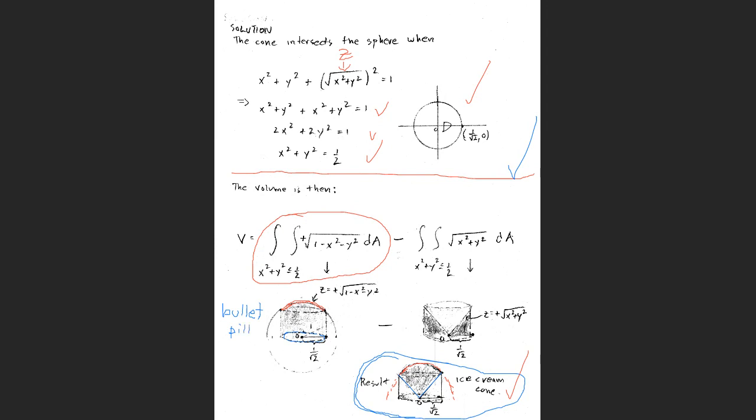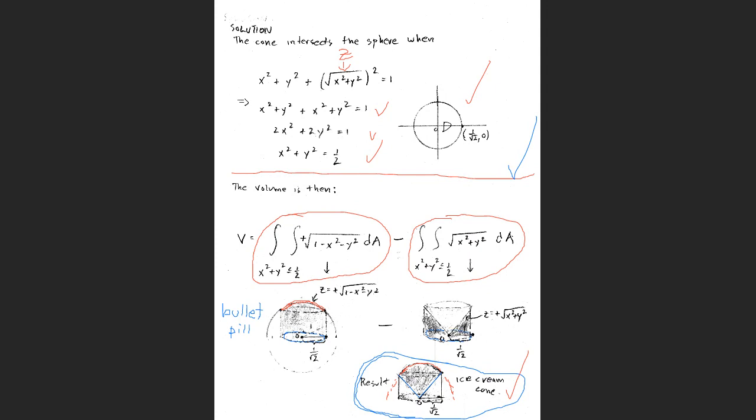And what we're going to do is cut out from that volume this volume here. This volume represents the volume underneath the cone, over the circle x squared plus y squared less than or equal to a half.